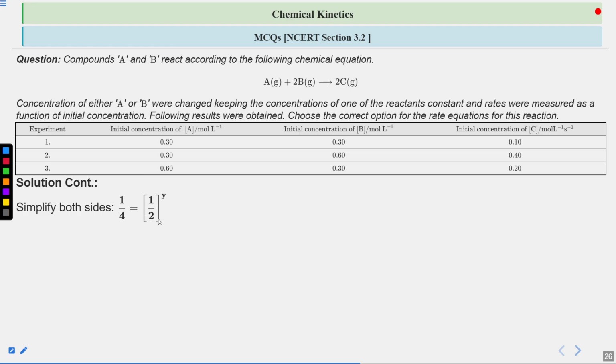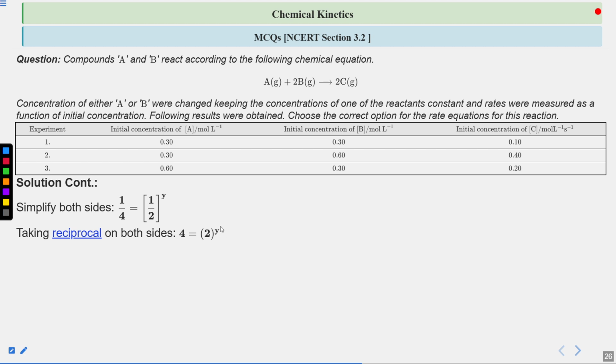Now we take the reciprocal on both sides to get a simpler equation in numerical form, which is 4 equals 2^y. Other than the fractional form, we get this equation as 4 equals 2^y. Now 2 raised to some power equals 4.